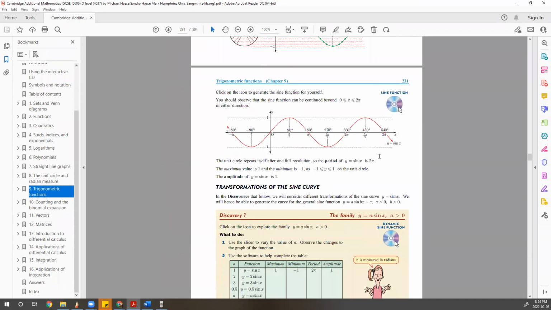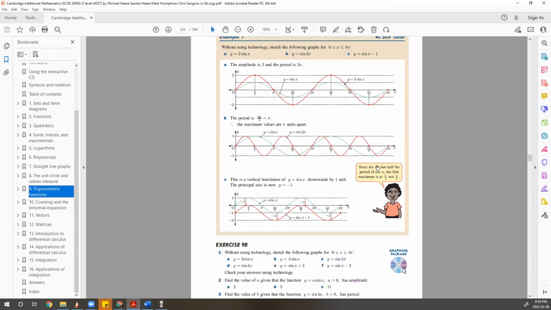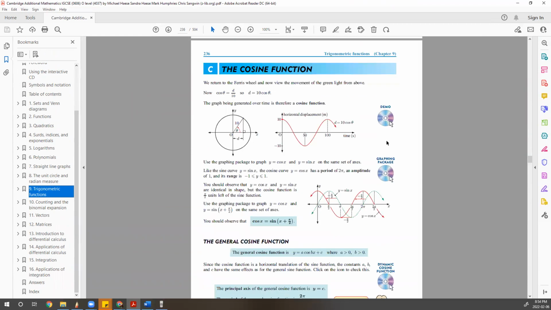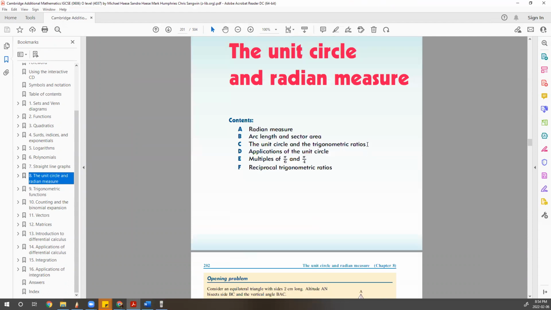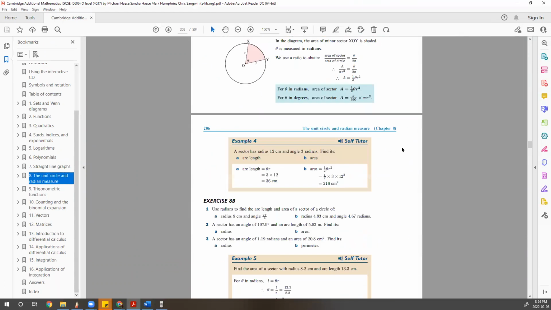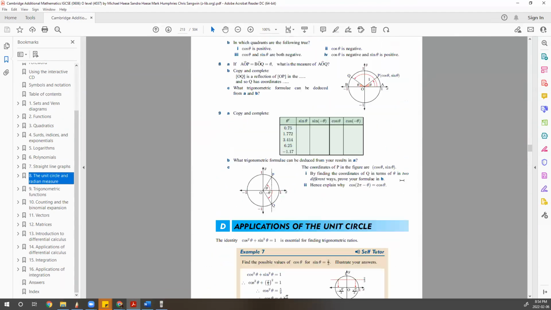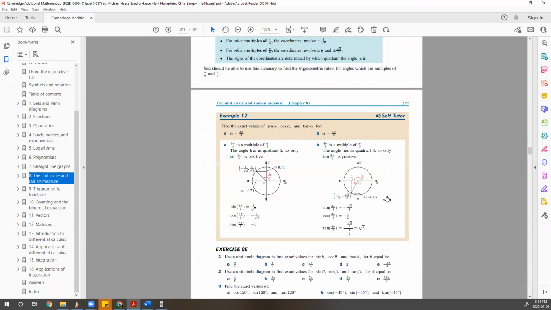Wait, the pi over something. Where's the circle? Wait, I think radian measure. Pi over 6 and pi over 4, remember? There you go. Yes, we need this. Extremely need this.